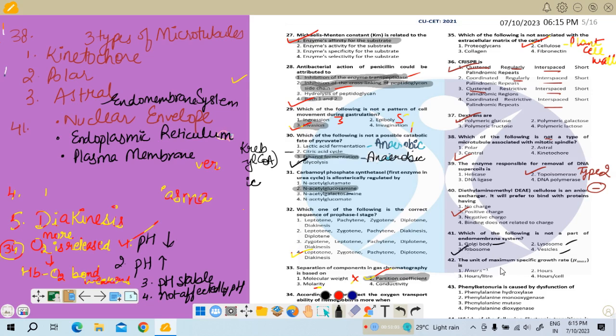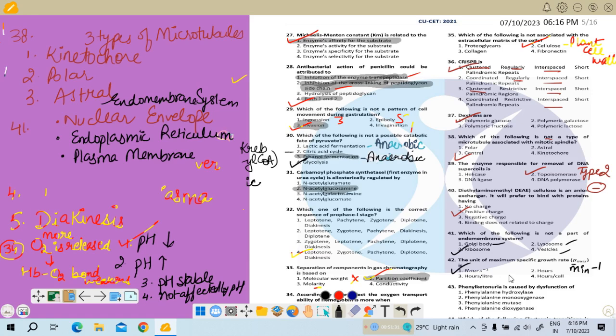Next, 42, unit of maximum specific growth rate, mu max, this is pronounced as mu. Maximum specific growth rate is basically minute inverse, or you can say hours inverse, since minute is not there.